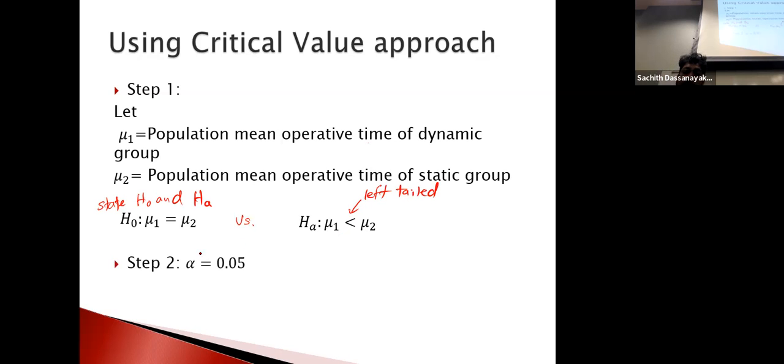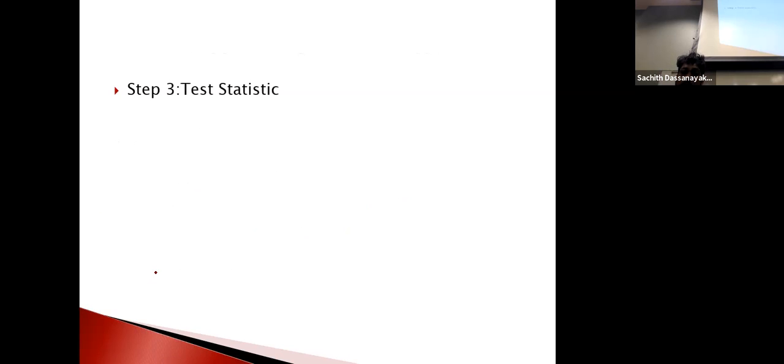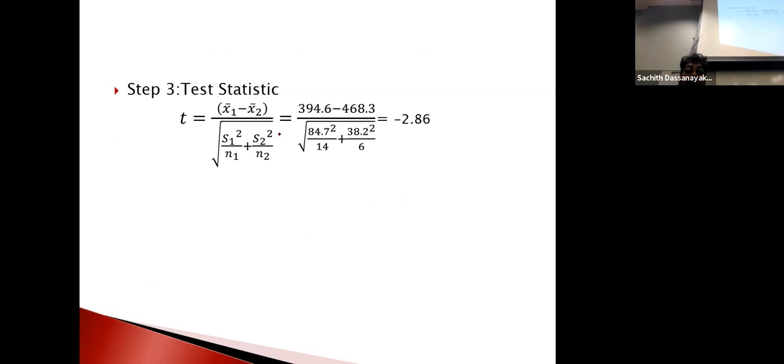Now step 2 is to find the alpha. Alpha is 0.05. Calculate the test statistic. Under H naught, you always calculate the test statistic under H naught, so mu1 minus mu2 equals 0. That's why you don't have mu1 minus mu2 in the formula.